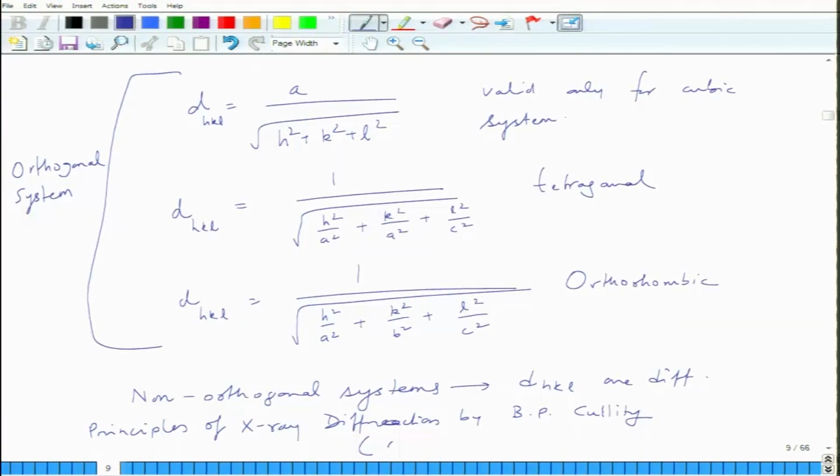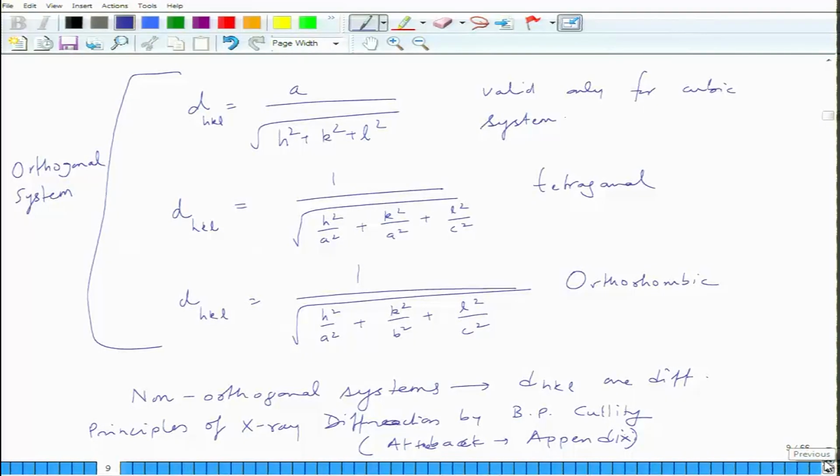At the back there is an appendix on these interplanar spacings as well as interplanar angles. If you look at interplanar angles, they will also be different, they will not be the same.